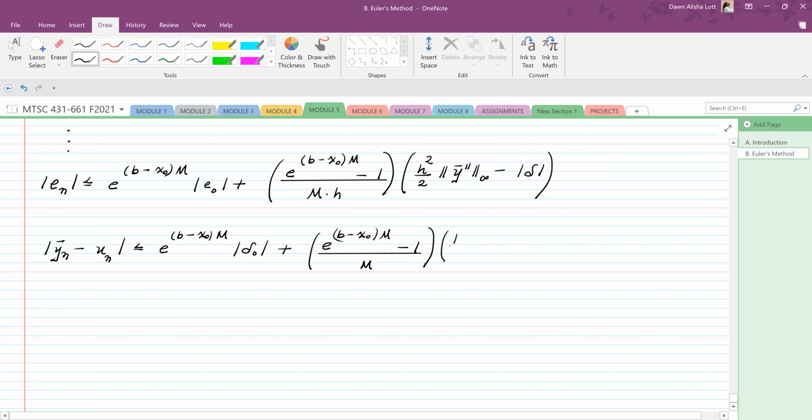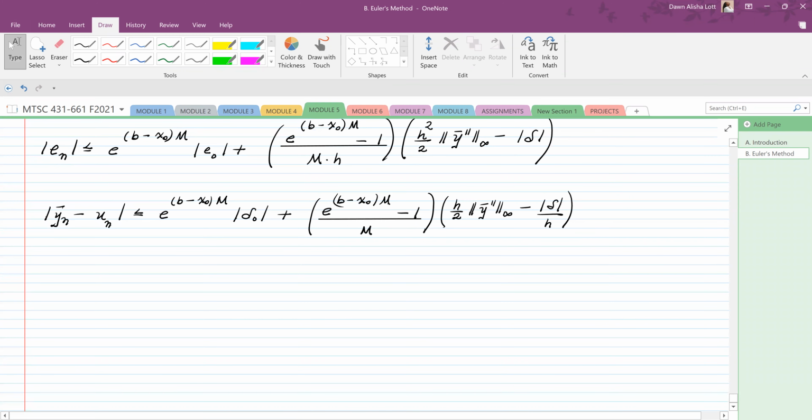I'm going to get h over 2, absolute value of y bar double prime infinity norm, minus the absolute value of delta naught over delta. I think that should be delta naught. This is the biggest delta over h.